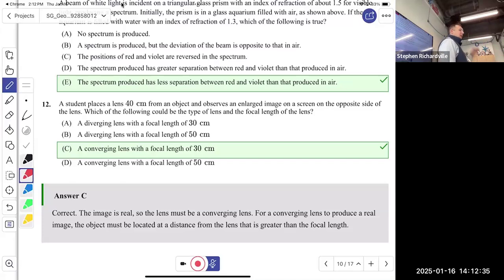So if you thought those, remember for my converging lens, if I'm outside the focal far, you're upside down and small. As I get closer, as long as you're outside the focal, you're still upside down, but you're getting bigger and bigger. What would this image look like?